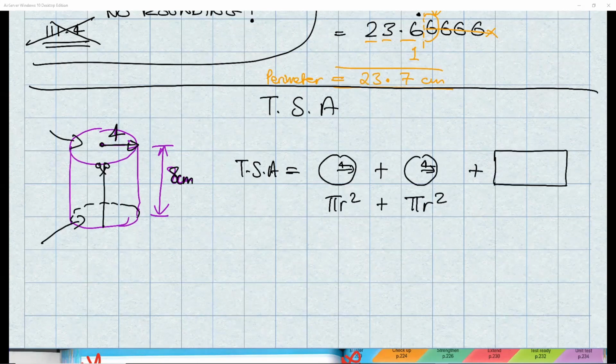A rectangle. And what's the width of the rectangle? It's the height of the cylinder. And what's the length of the rectangle? Now remember, the length of the rectangle is the distance around this circle. What do we call that?